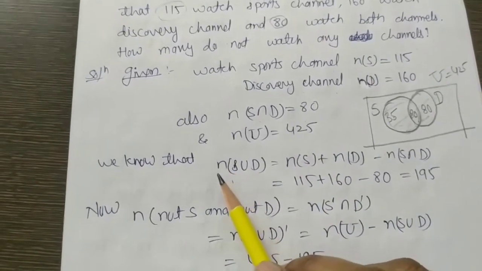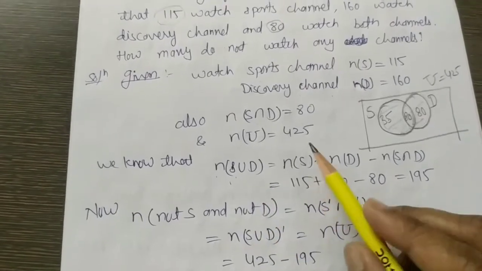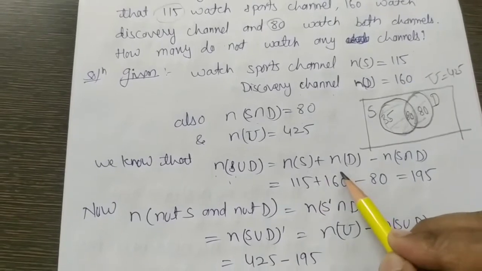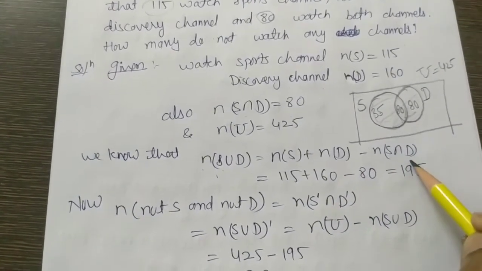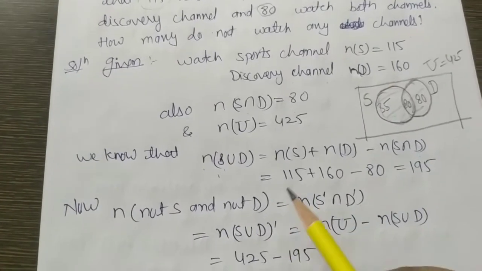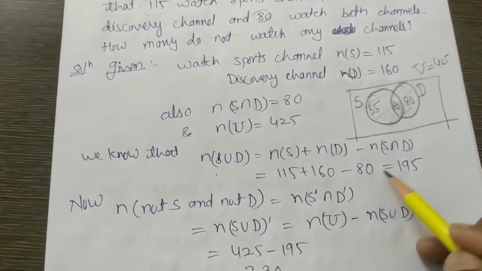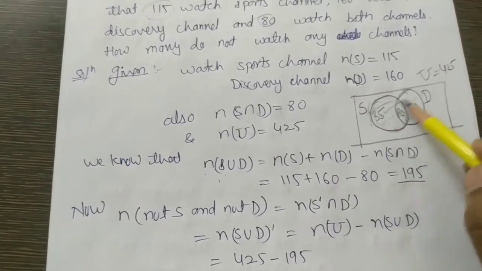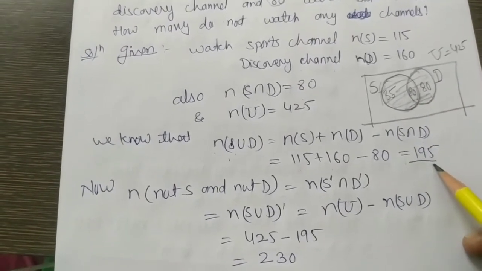First find the number of persons in S union D. That is given as the number of elements in S plus the number of elements in D minus the number of elements in S intersection D. That is 115 plus 160 minus 80. Total is 195. It means in the union we have 195 people.